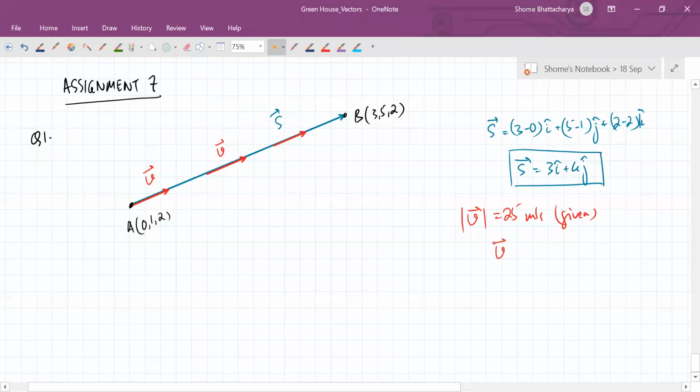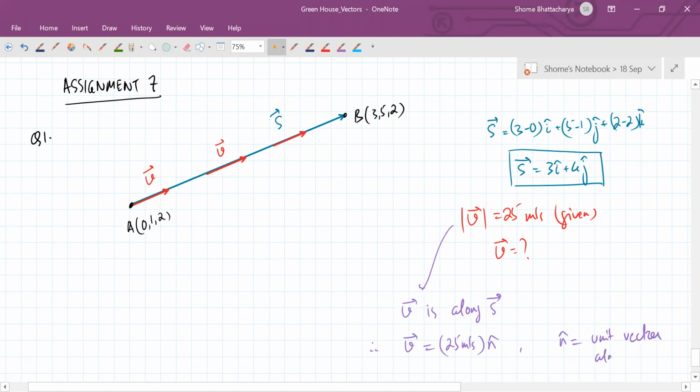Okay. So now we have to find the velocity in component form. So the idea now is that, see, velocity is along s. So therefore, we can say that the velocity is its speed, which is 25 meters per second, into a certain unit vector, where that unit vector is the unit vector along AB, or the displacement s.